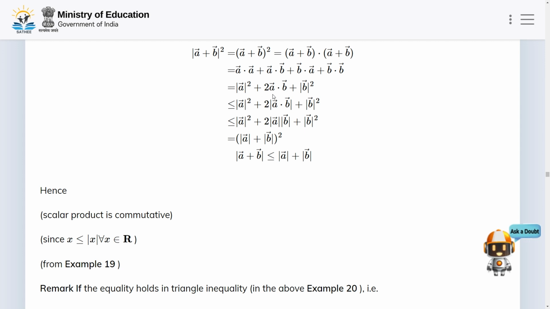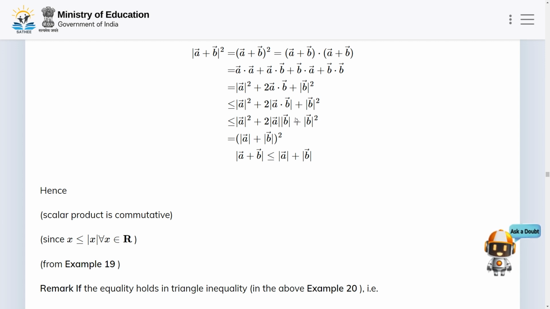Now, what do you know? That this dot product is less than or equal to the magnitude of a dot b. And we have already seen that the magnitude of the dot product of a and b is less than or equal to magnitude of a multiplied by magnitude of b, the Cauchy-Schwarz inequality.